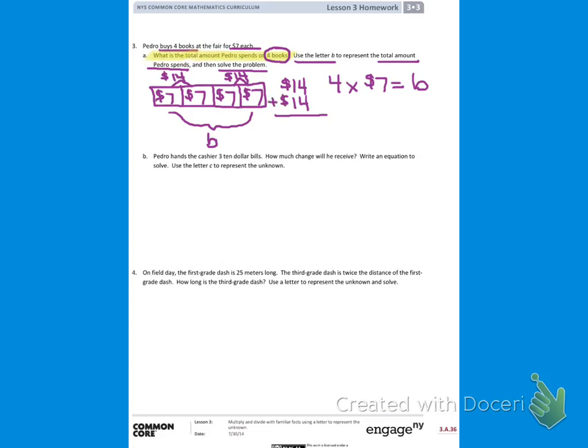Four ones plus 4 ones is 8 ones. 1 ten plus 1 ten is 2 tens. There's my dollar sign. So 4 times $7 is B, or 4 groups of $7 is B. And we know that B equals $28.